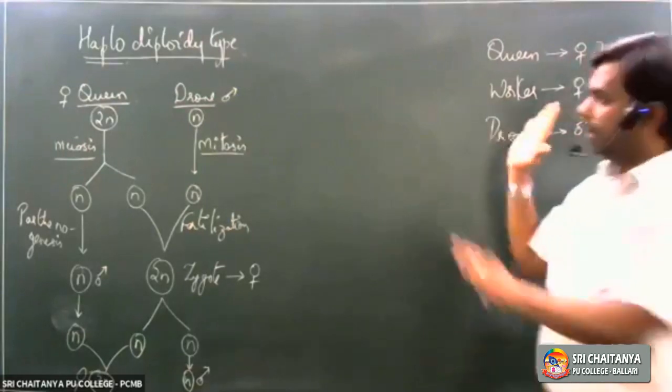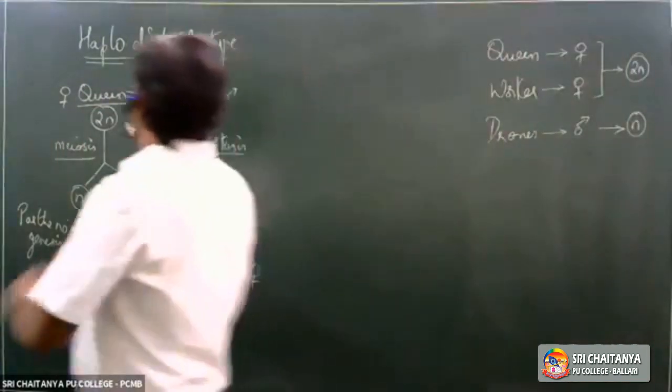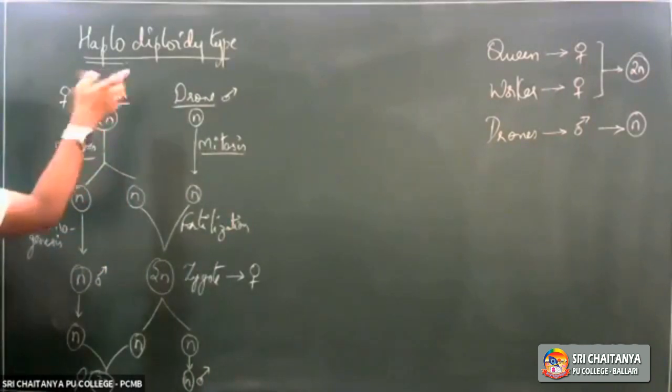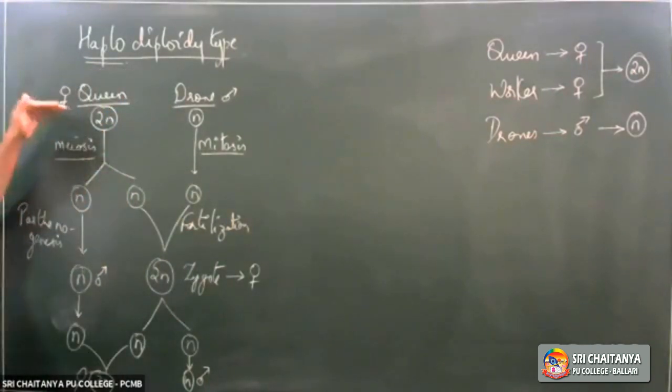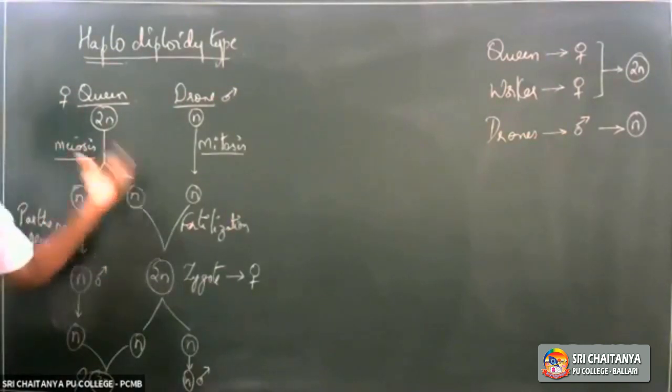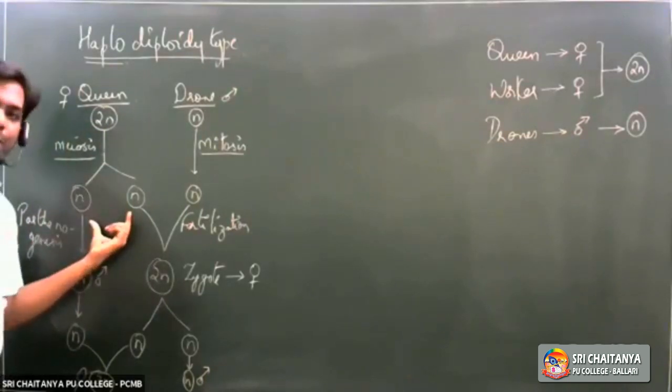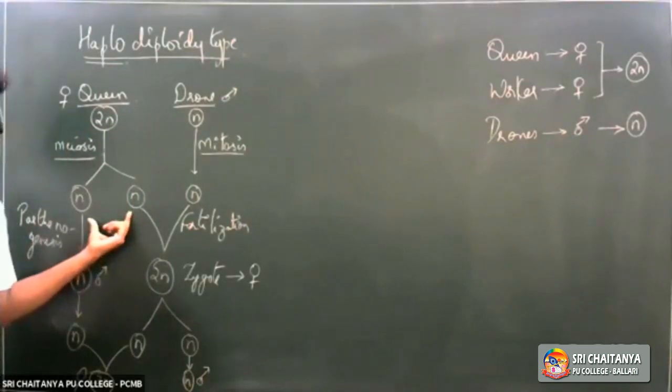Now, keeping this aside, when a queen and a drone mate with each other, what exactly is happening? A diploid queen would undergo a process of meiosis, that is reduction division, and forms haploid gametes, which we call the female gametes.